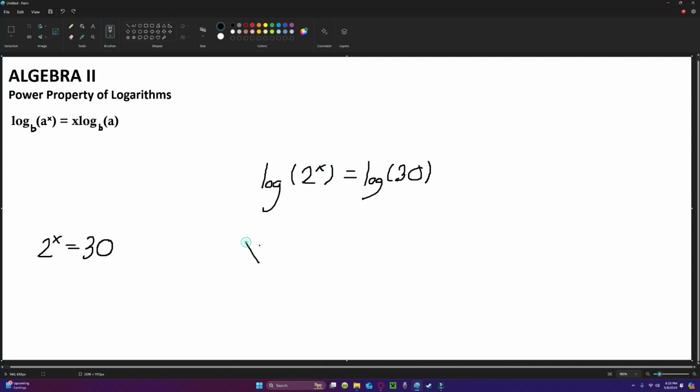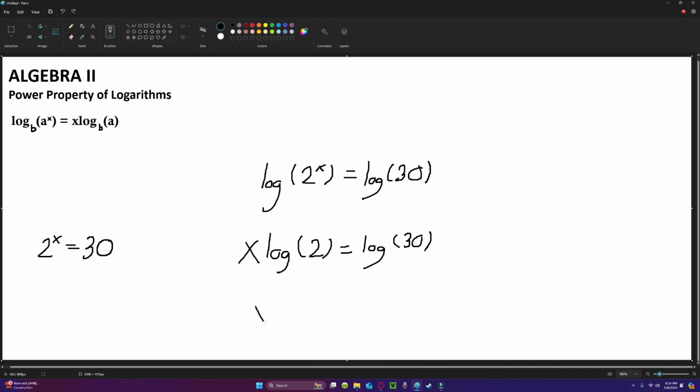So then we get x times log input 2 is equal to log input of 30. And we all know how these equations go. If we're trying to find x, we have to isolate it. So we divide by log of 2.